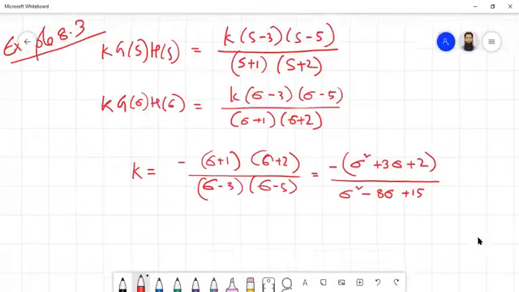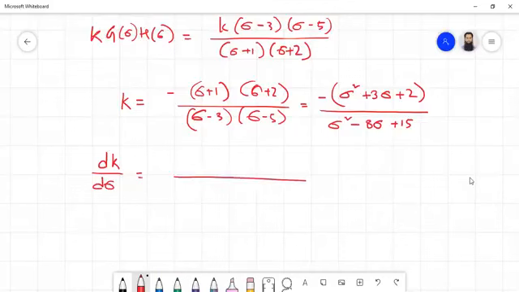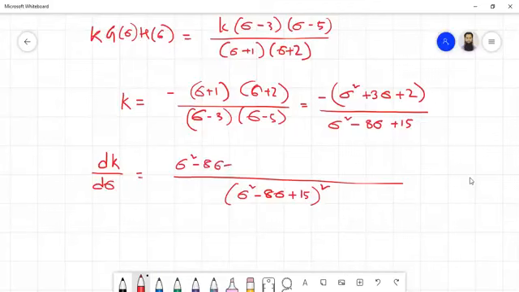So the next step is fairly simple. You go for dk by d sigma. So basically we'll have something like this: sigma square minus 8 sigma plus 15 squared in the denominator, then sigma square minus 8 sigma plus 15.